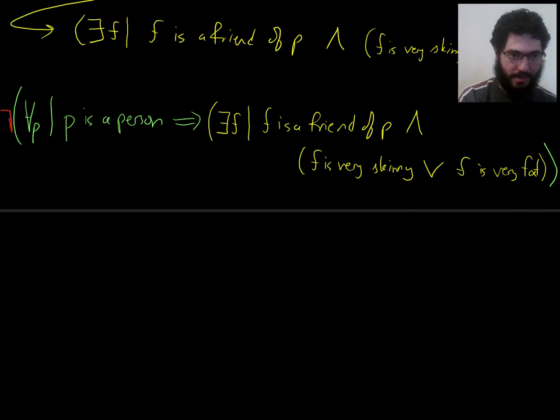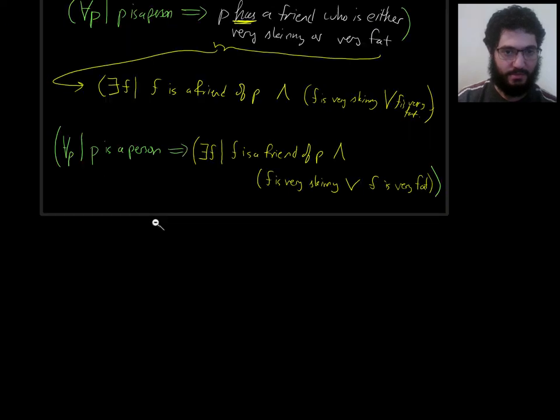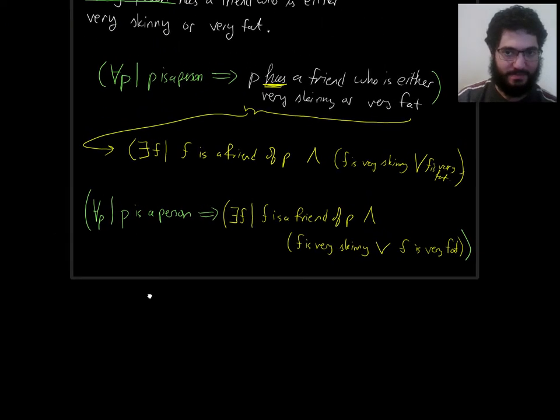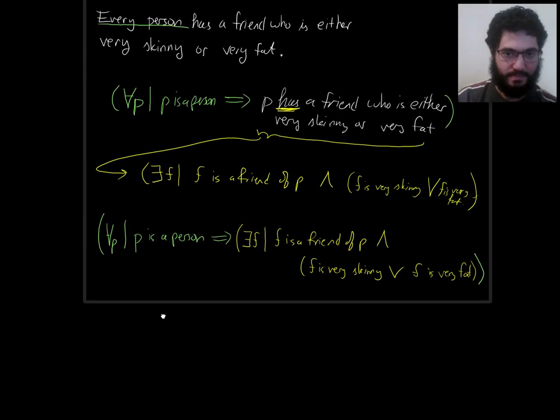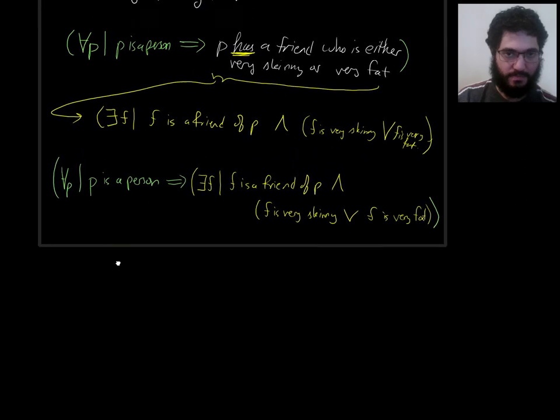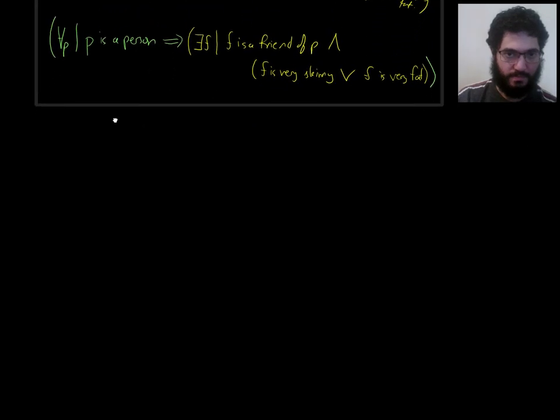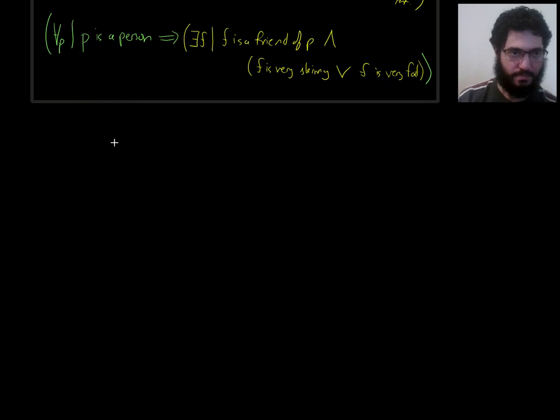Let me make that red. How about I zoom out here? So there's a negation, and then use the rules.